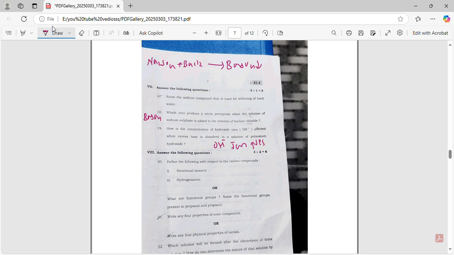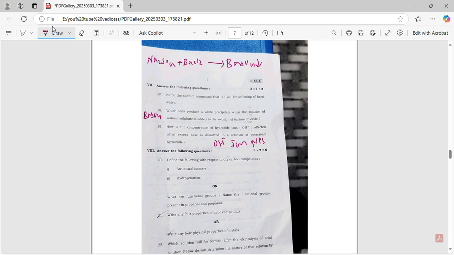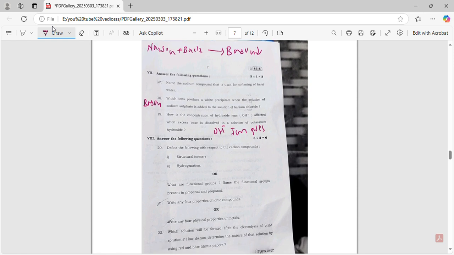So again let us read this question: how is the concentration of hydroxide ion affected when more base is dissolved in a solution of potassium hydroxide? It has to increase because potassium hydroxide is a strongest base.